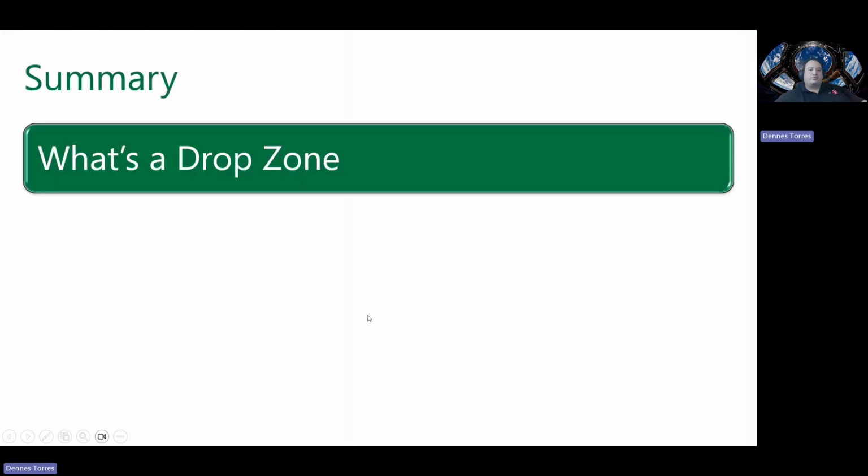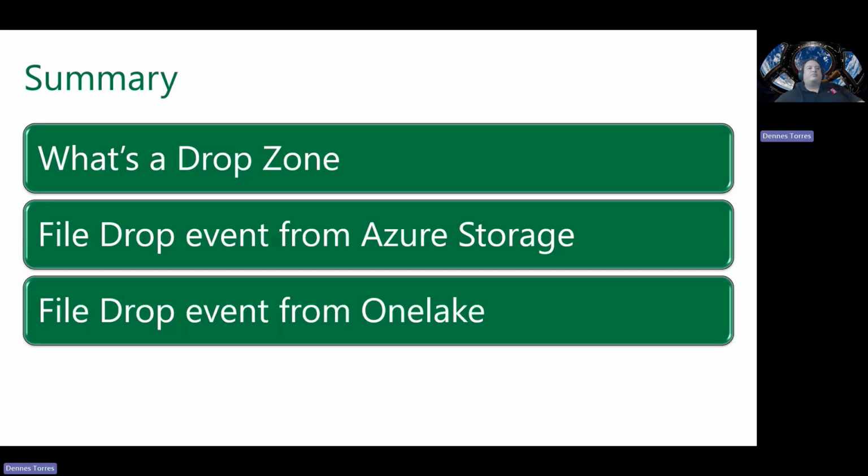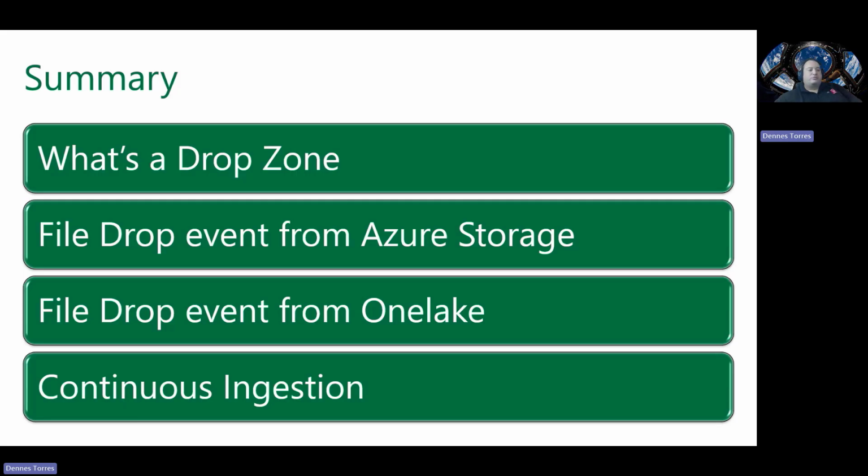So what did we talk about? We talked about what a drop zone is, the file drop event from Azure Storage, which we can capture in an alert and in an event stream. The file drop event from OneLake, which we can capture in an alert or in event streams, and the continuous ingestion, which can be done only inside Kusto and uses the workspace identity.